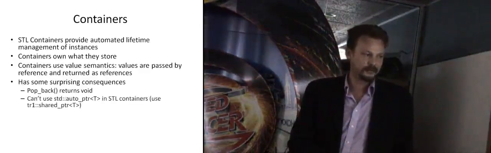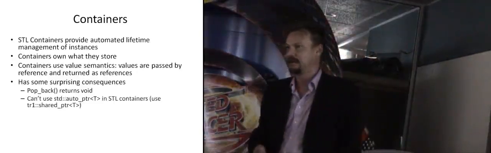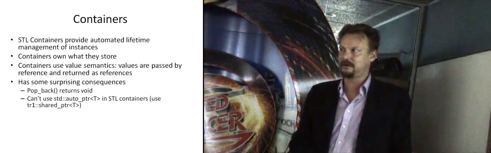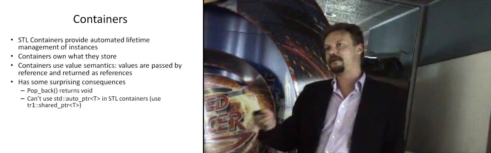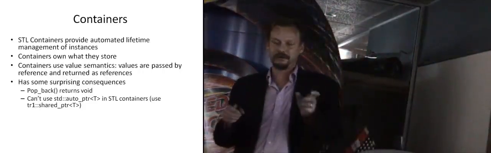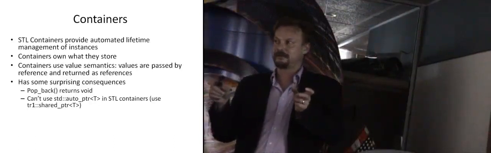Another consequence of this is that you shouldn't be using auto_ptr anyway, and maybe you don't even know what it is, but don't use standard auto pointers in STL containers. Assignment of one auto pointer to another changes the referent object. So when you say A equals B, typically B doesn't change. All right?